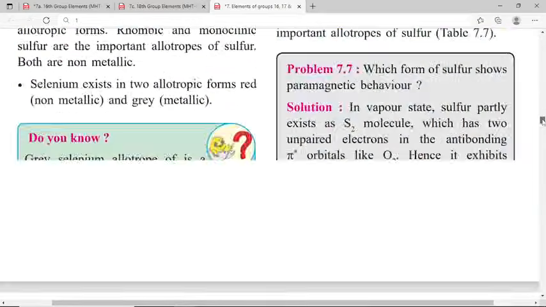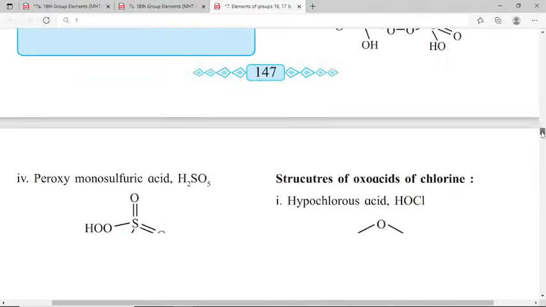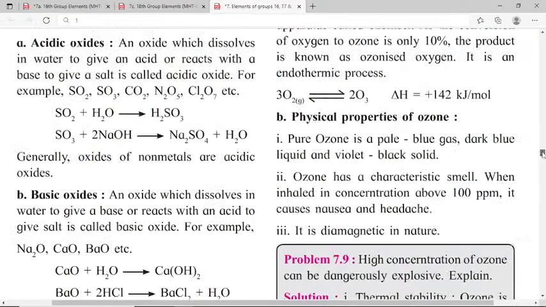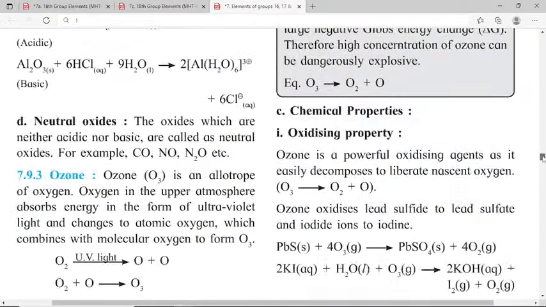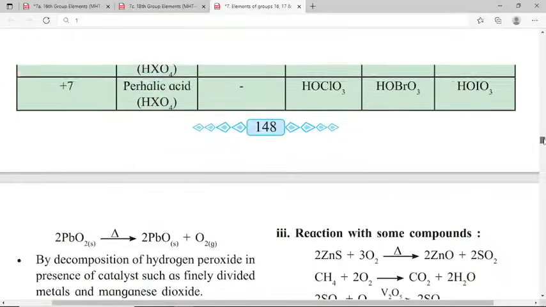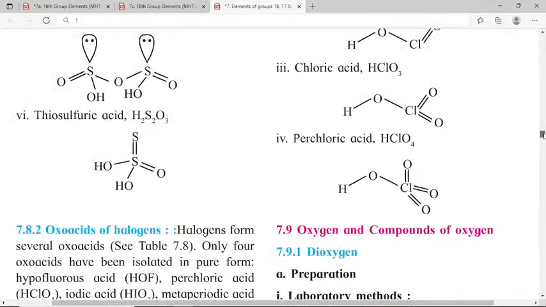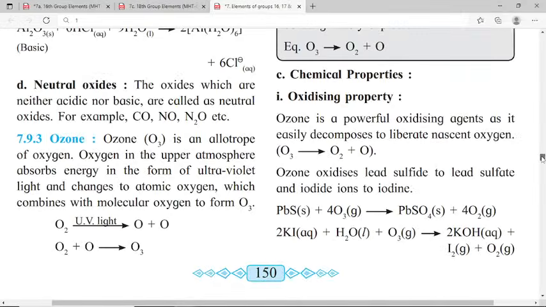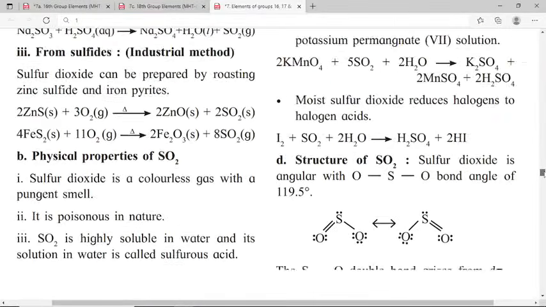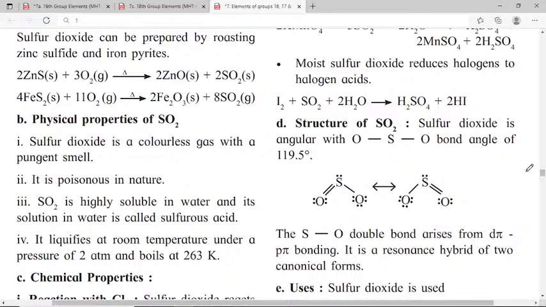So please mention in your textbook, sulfur dioxide, SO2. Okay, this is your answer, 119.5.